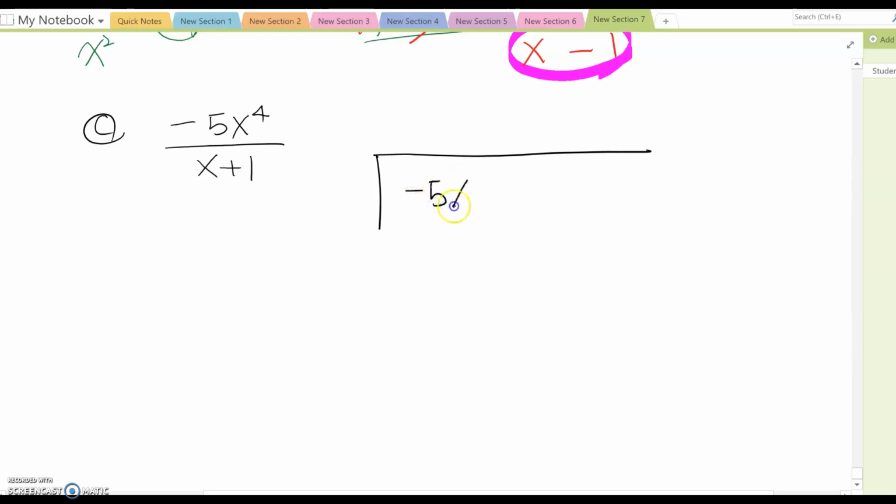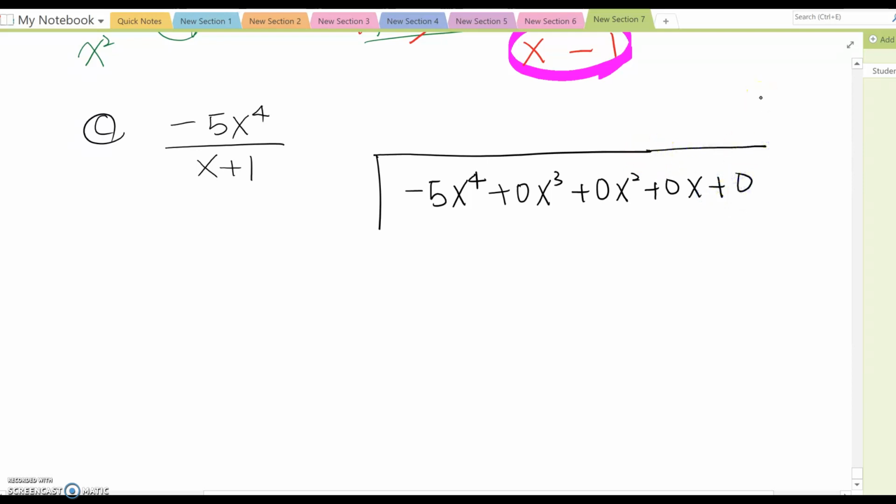negative 5x fourth. In the last video I also mentioned that even though the other terms don't exist, we must put those non-existing terms in as well. So I'm going to put plus 0x cubed plus 0x squared plus 0x plus 0.